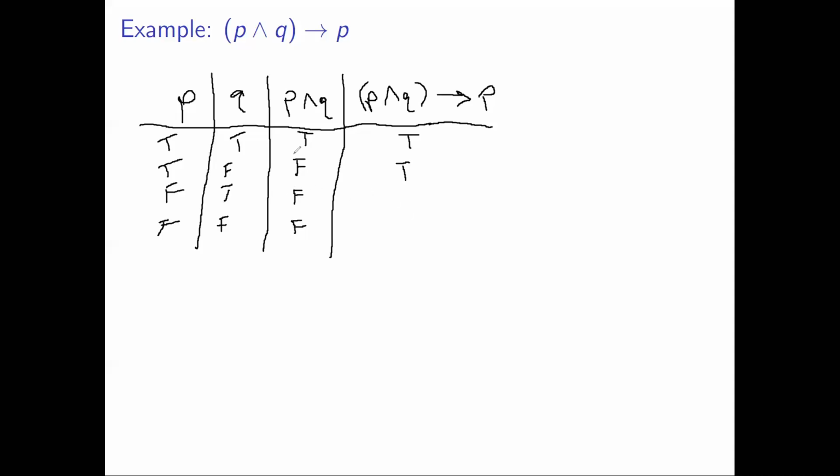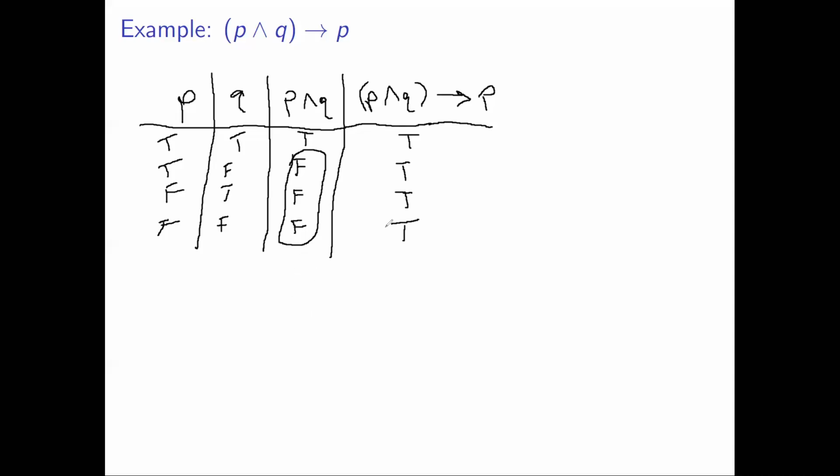And same with the rest of the rows, the hypothesis is false for all of those. So the implication is going to be true for all three of these. And we're only looking at the hypothesis there. We can completely ignore the conclusion. As long as the hypothesis is false, the implication is true, regardless of the conclusion.